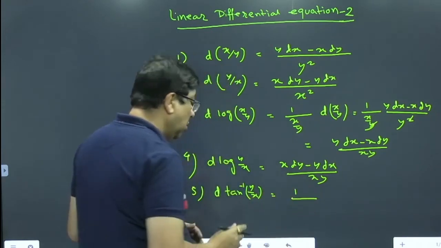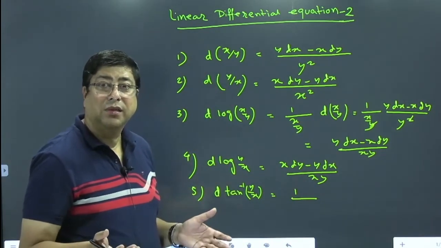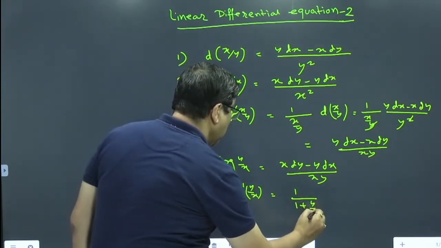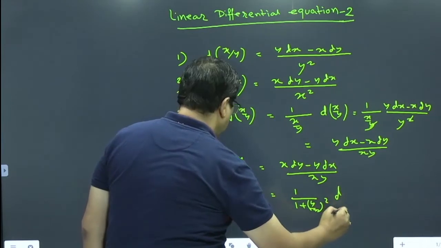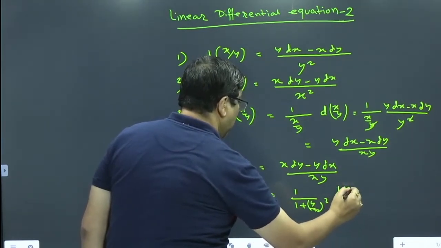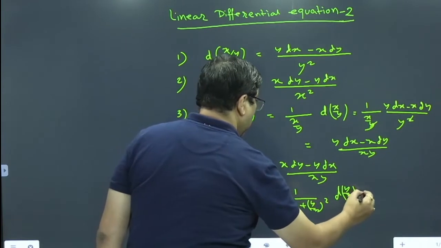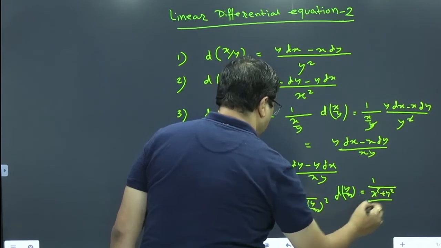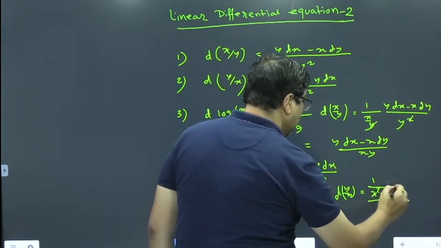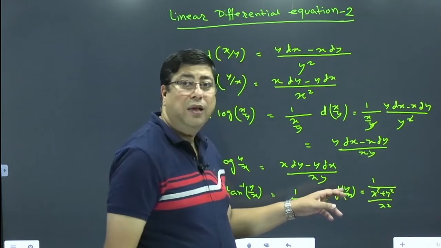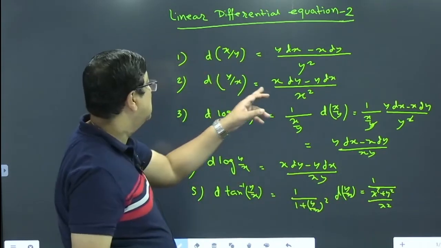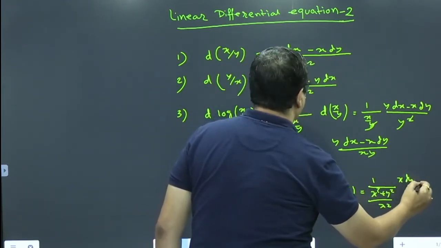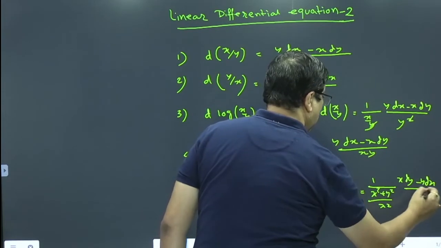1 by, so d of tan inverse y by x means what? We are using 1 by 1 plus (y by x) whole square, into d of y by x. Therefore, we can use here 1 by (x square plus y square) by x square, and d of y by x we have already done, so let us put the value: (x dy minus y dx) by x square.